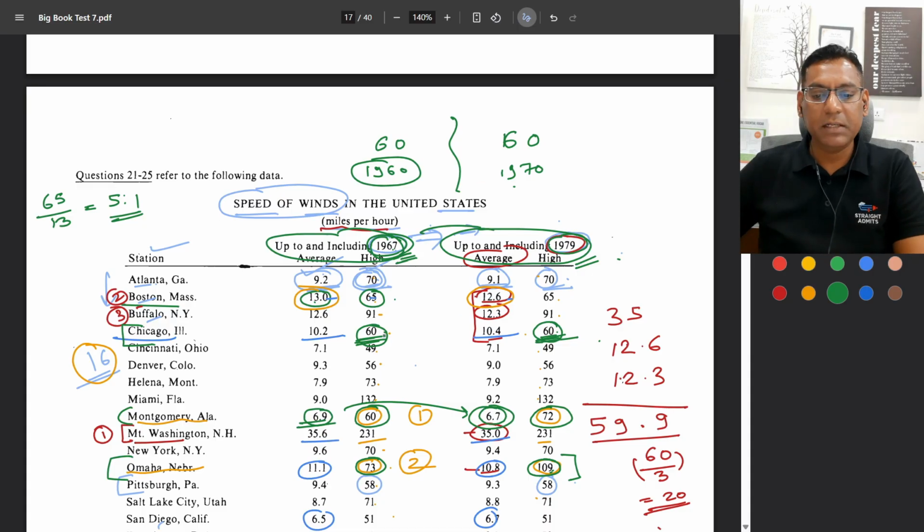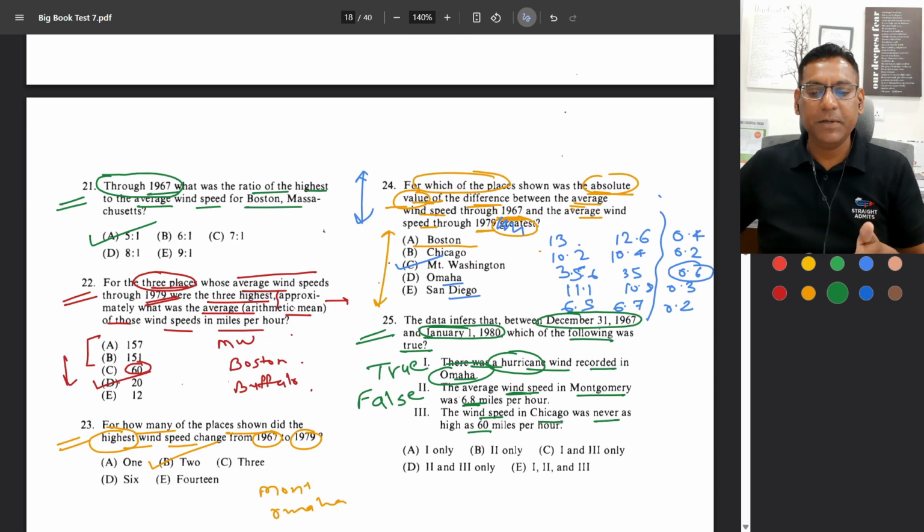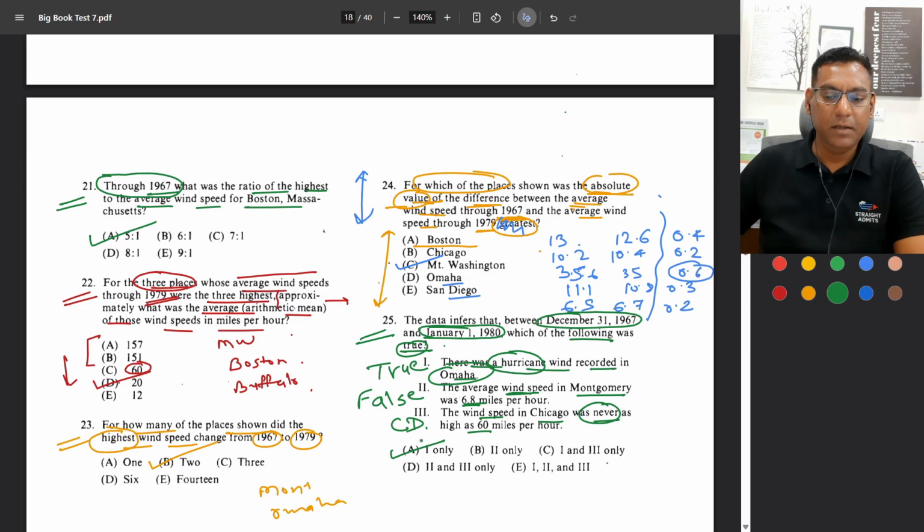It is possible that nothing more than 60 happened in these 12 years, or it is also possible that something happened, but that was also 60. So I cannot really say whether a wind speed of 60 was recorded ever or not. So it cannot be determined. The only thing I can determine to be true was answer choice 1, 1 only, right?